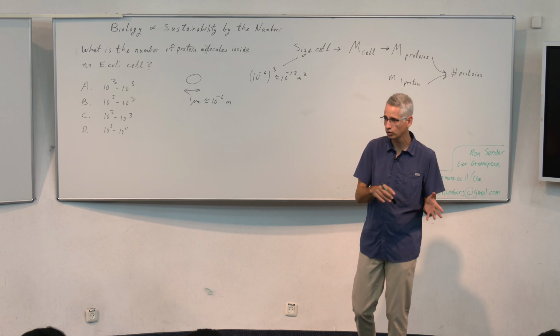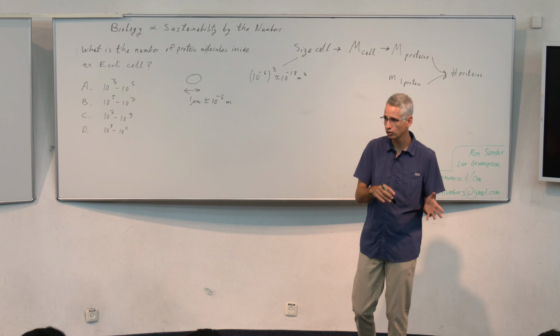So how much would 1 meter cube weigh? 1,000. 1,000 kilos, or 1 ton.